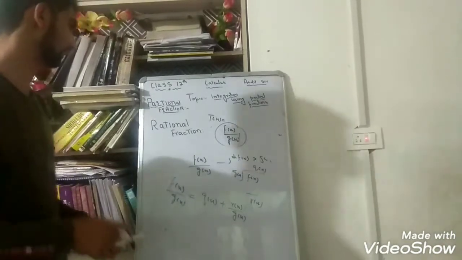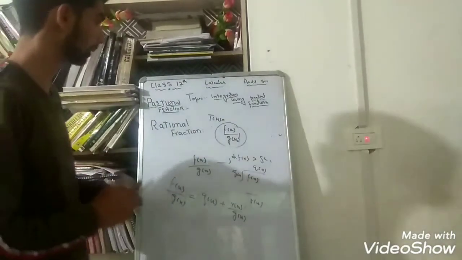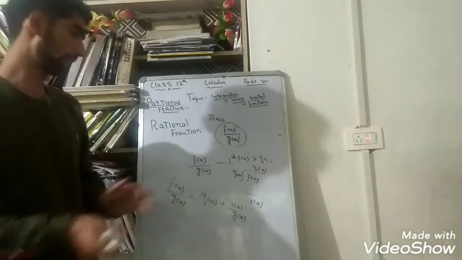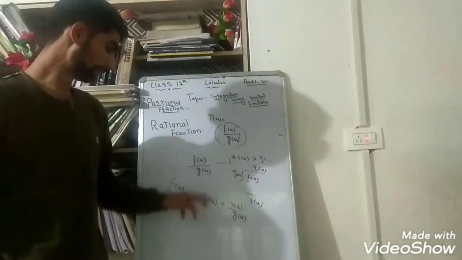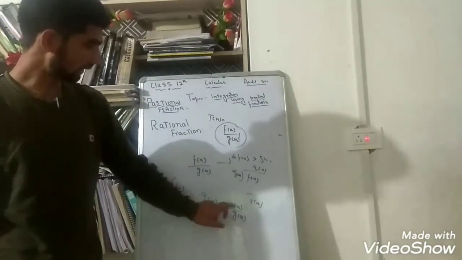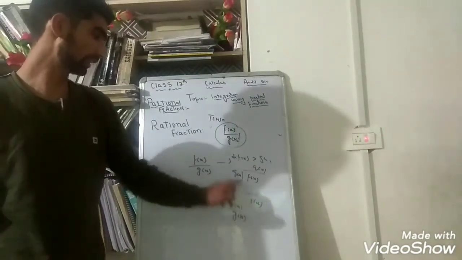So if we have an improper rational fraction, that fraction we can write as the sum of a polynomial and a proper fraction. Here this is r(x), and we know the remainder has degree less than g(x).